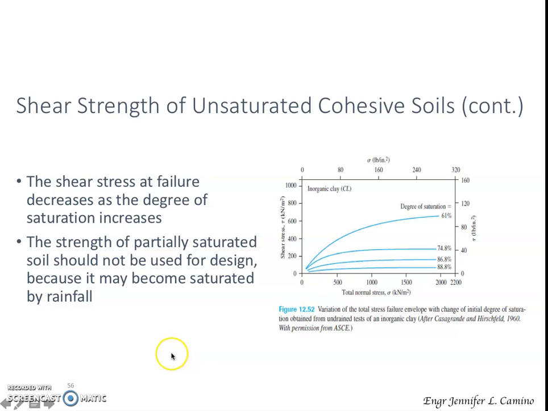In practical cases where a cohesive soil deposit may become saturated because of rainfall or a rise of the groundwater table, the strength of partially saturated clay should not be used for design and construction. Instead, the unsaturated soil specimen collected from the field must be saturated in the laboratory and the undrained strength determined.